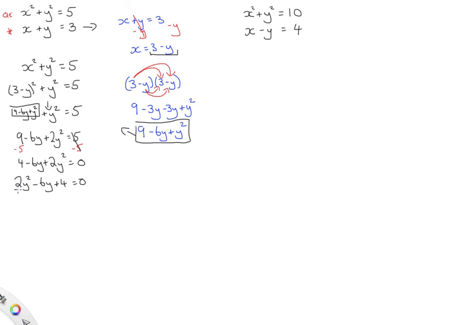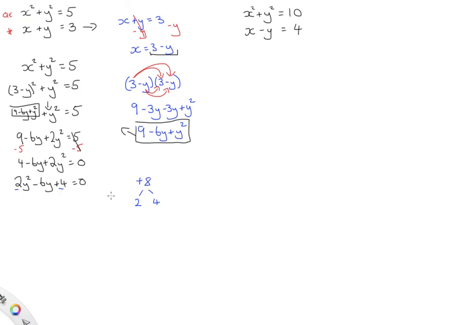I'm going to multiply this by this, so 2 multiplied by plus 4, that is plus 8. And then I have minus 6. So what are the factors of 8? Factors of 8 are 2 times 4. So 2 times 4 is equal to 8.